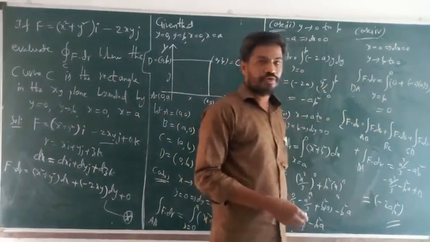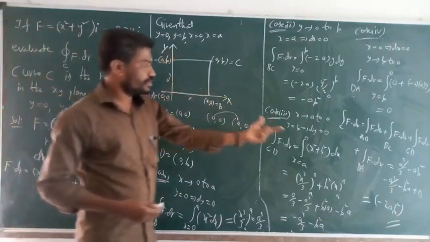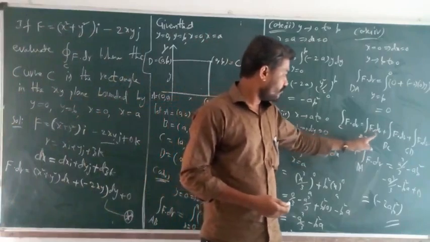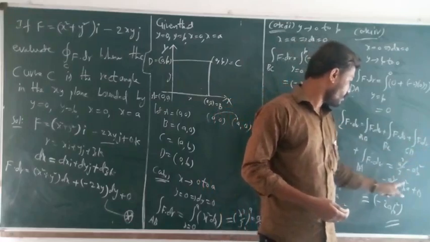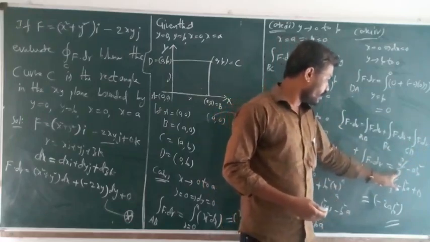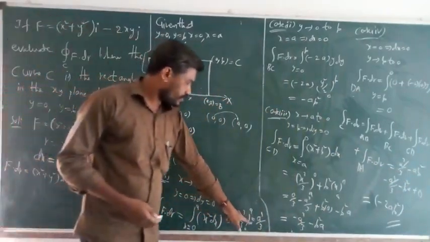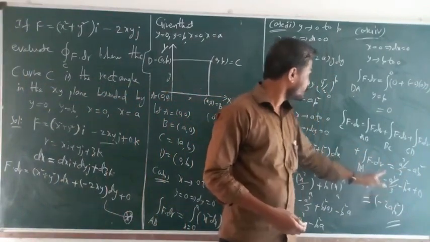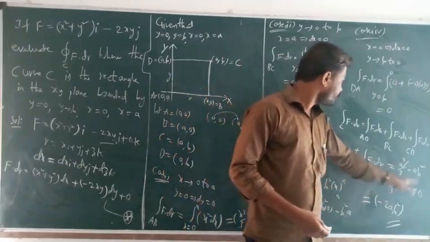So substitute the 4 parts. Four separate integration parts: integration of F dot dr equals integration AB of F dot dr plus integration BC of F dot dr plus integration CD of F dot dr plus integration DA of F dot dr. Substitute the values: first case a cube by 3, second case minus a b square, third case minus a cube by 3 minus a b square, plus the fourth, 0.